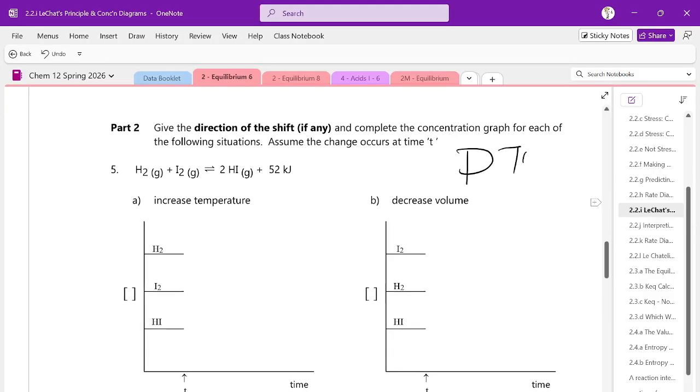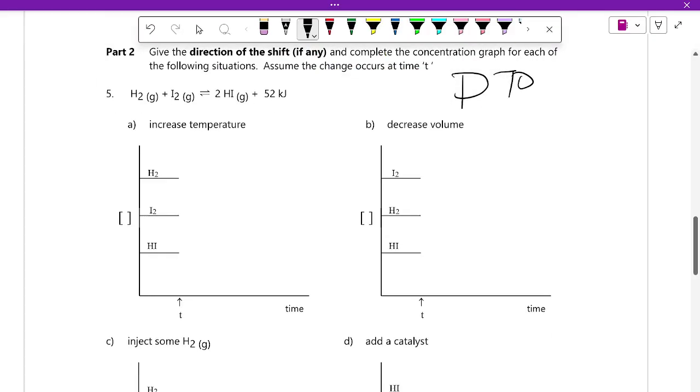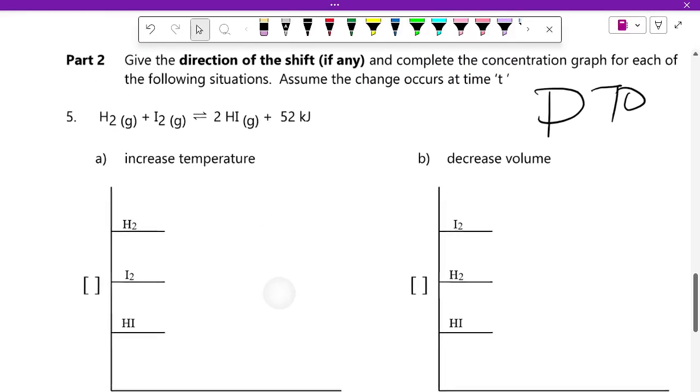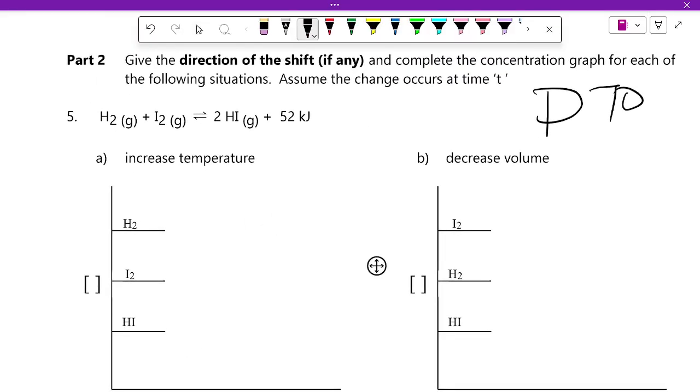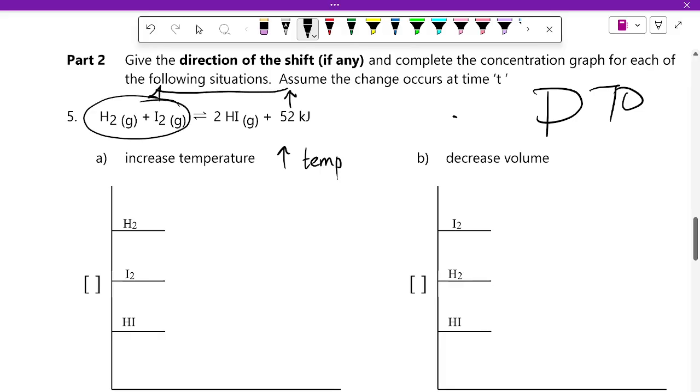This is page 70. And we're looking at question number 5. So we've had an increase in temperature. That's going to cause a shift to the left. So that means that H2 and I2 should go up and HI should go down.